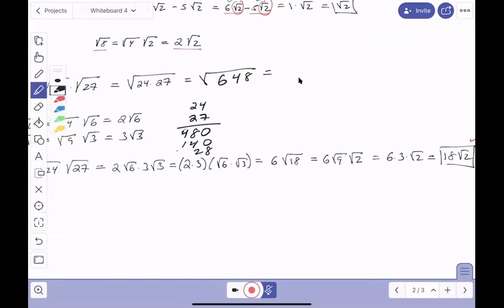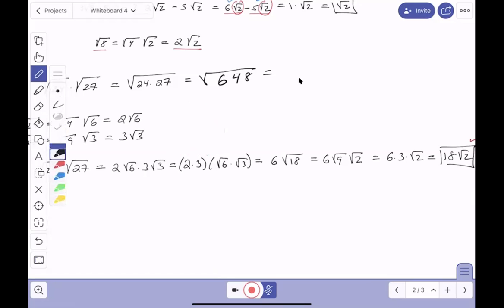And again, I really can't say it's not. This is why I don't want you to do this, and we'll go through many more examples. So 648, let's write this down now. 4 is a perfect square. 648, let's see, that's 6, that's 24 and 8, and I get 2.